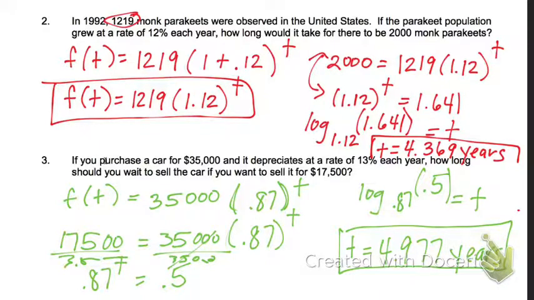So when you're changing from exponential, the number that's next to the t always goes down to the base. And then these two switch. So the number on the right is the big number. The 0.87 that's next to the t goes down to be the base. And that's the case every single time.